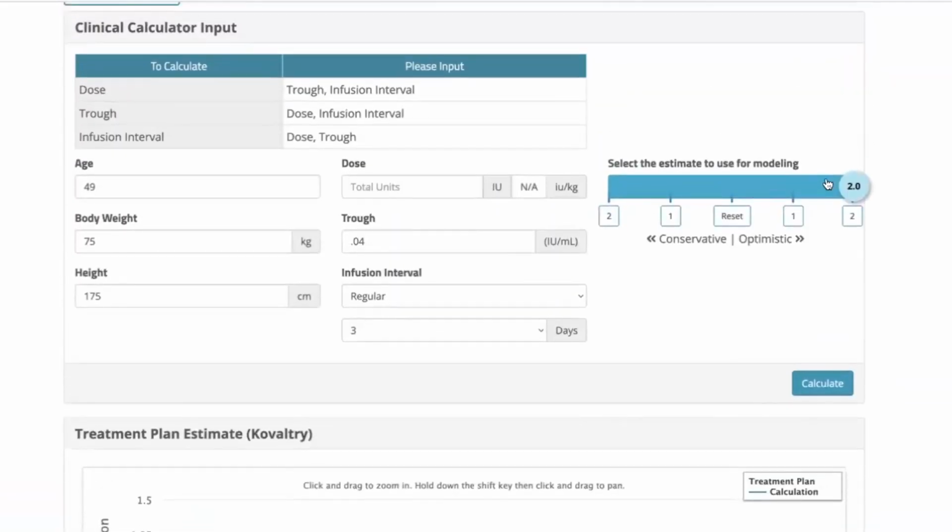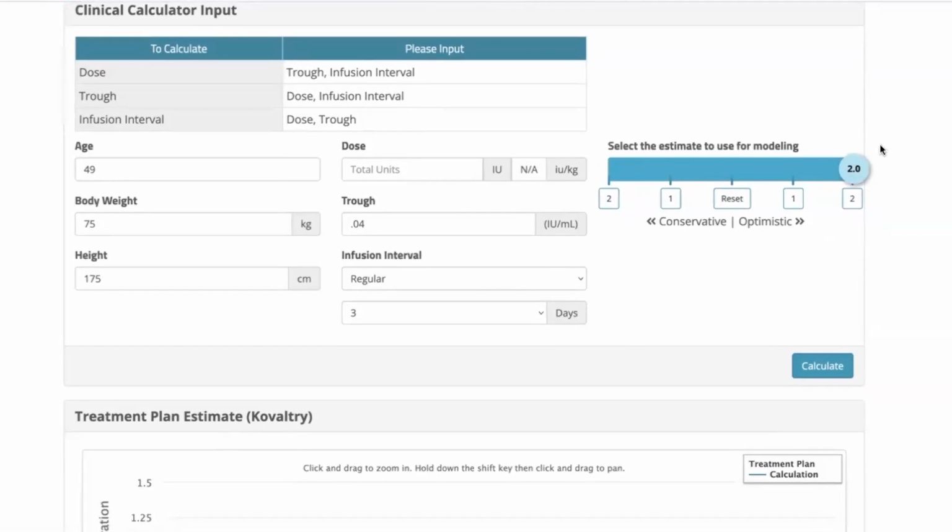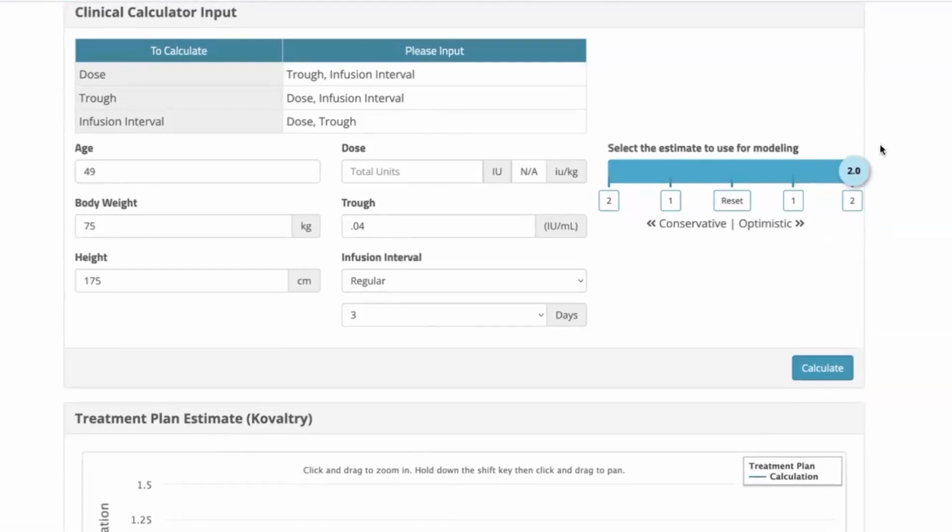Now, of course, being able to use the optimistic or the conservative estimate depends on the clinical behavior of the patient. This is not something that WAPPS will tell you. You will know by knowing the patient if it's reasonable to use the conservative to make sure the patient will never bleed, or the optimistic in a patient that doesn't usually bleed and is likely doing well and can take the risk of treating less intensively, less frequently.